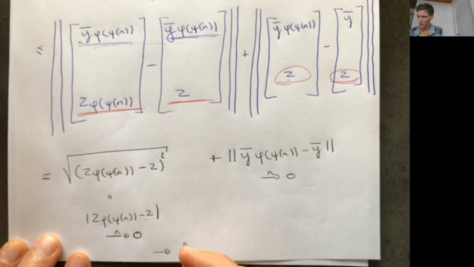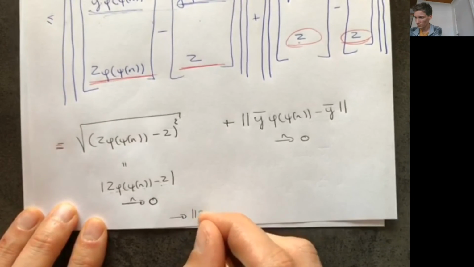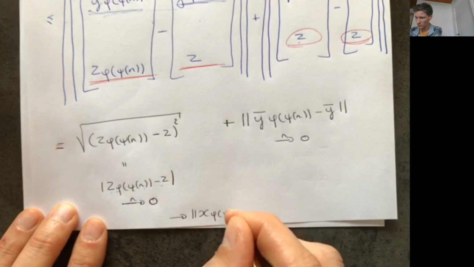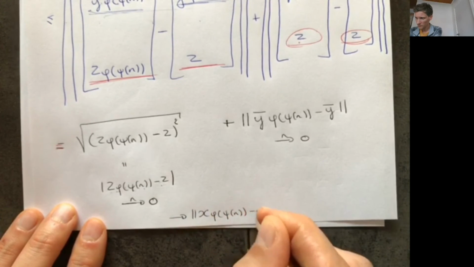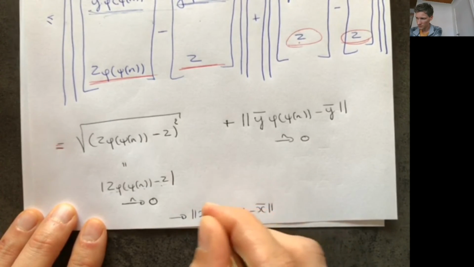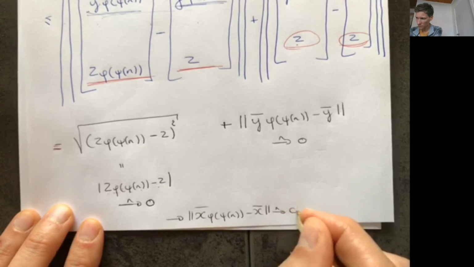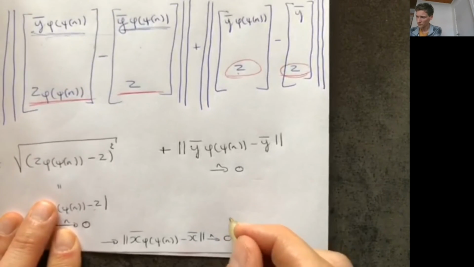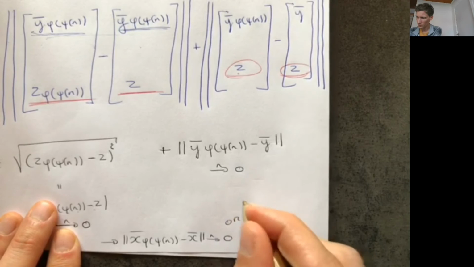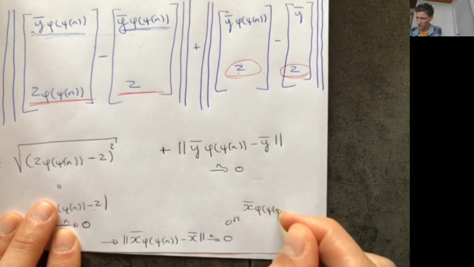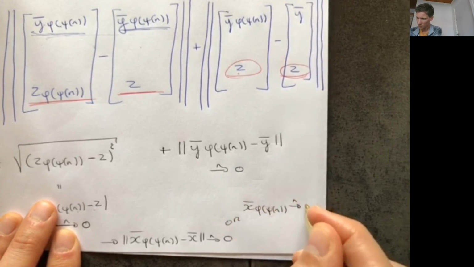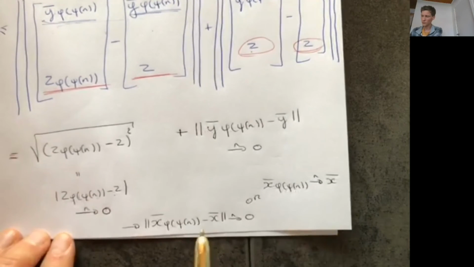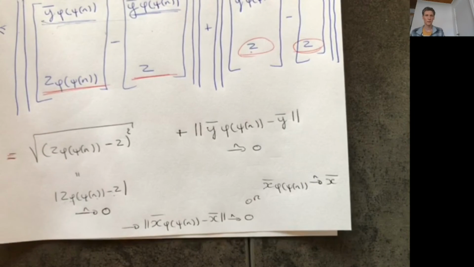Therefore we have that x phi psi n minus x converges to 0, or equivalently x phi psi n converges to x, right? Because this was the definition of convergence of a sequence of vectors.